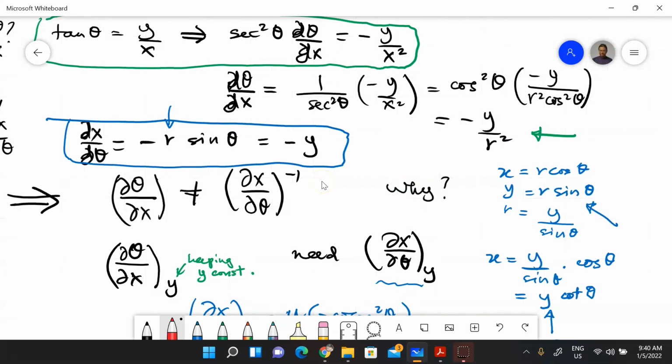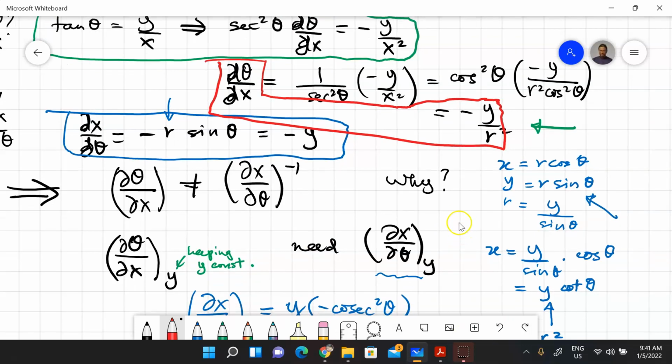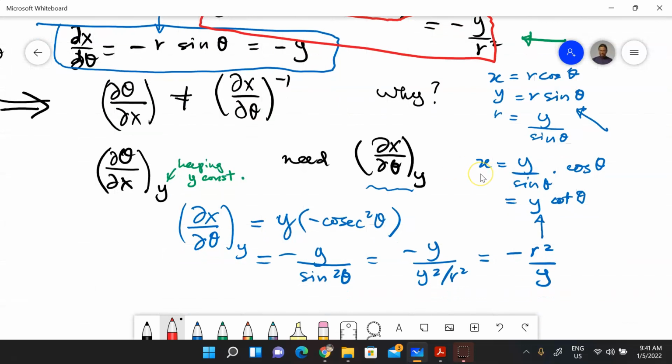Let me put this in color here. You can see this is minus y over r squared, and the dx d theta that we have just calculated is minus r squared over y.